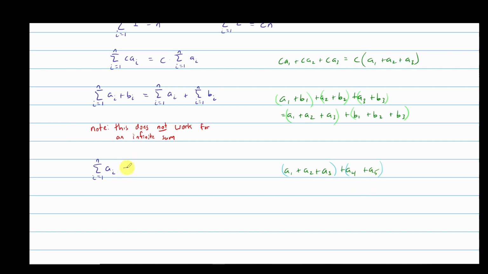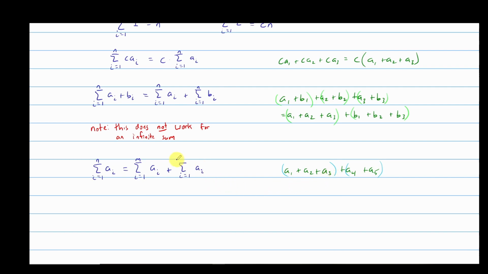So what does that look like here? I could take my sum from 1 to n and break it up. So I could pick somewhere in between. Maybe we'll use little m as our breaking point. And then we have a second sum where I pick up where the first one left off. But I don't pick up at the same spot. I pick up at the next number over, right? So if the first sum goes from 1 to 3, the second one doesn't start at 3, it starts at 4, one higher than where I left off.